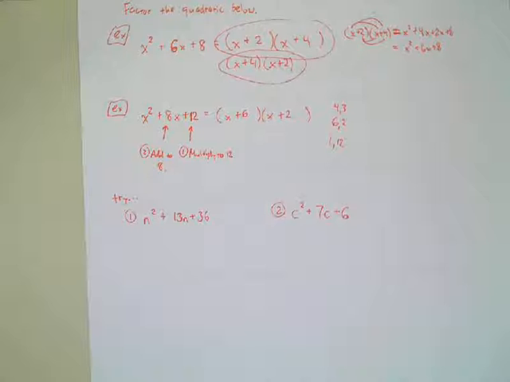And for 6, it's easy, you only get 2 options. 2 and 3, 1 and 6.